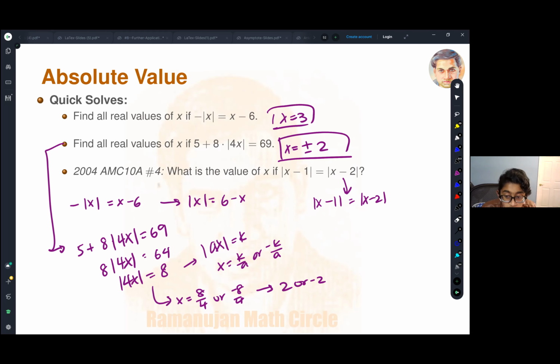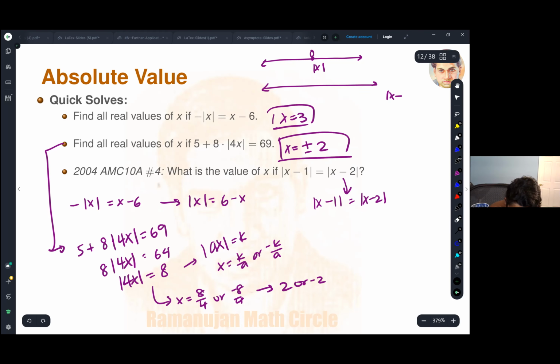So actually, before we go into that, let's talk about how we can deal with this distance. So we know that absolute value of x measures the distance from 0. What if we had something like absolute value of x minus a? In this case, what it would be is just measuring the distance from point A. You pick a random point A, you're measuring the distance from point A to whatever.